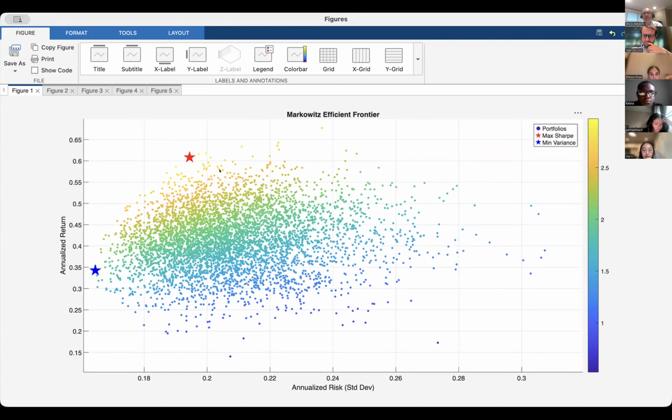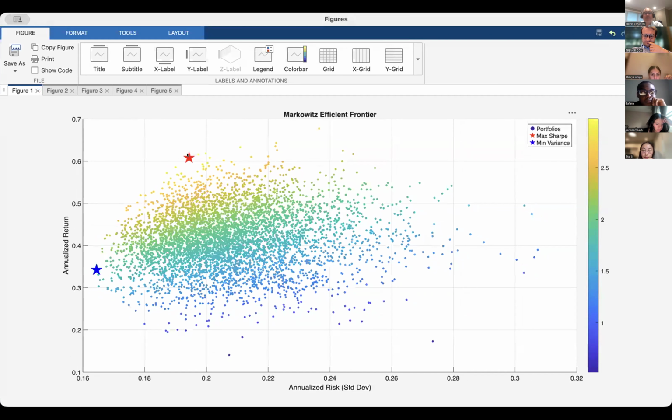For example, from bottom to top, as the return grows, the color changes from blue to yellow. And the blue star is the minimum variance portfolio, and the red star is the portfolio got from the Sharpe ratio maximization. Both of them should lie on the efficient frontier.